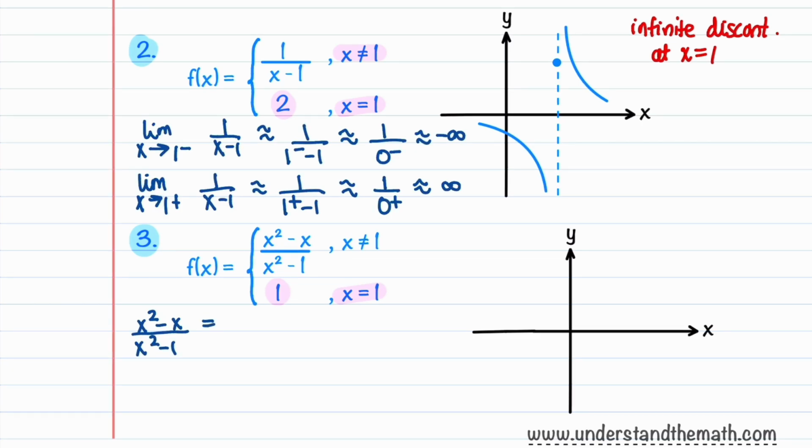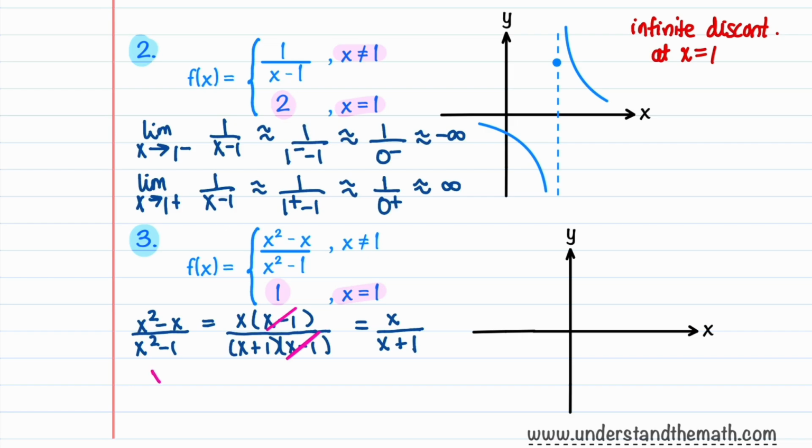We can definitely factor it. In the top, let's pull out an x, so we have an x minus 1. And in the denominator, we can factor that as x plus 1 and x minus 1. Now let's notice that these two terms cancel out, and we can write this as x all divided by x plus 1.